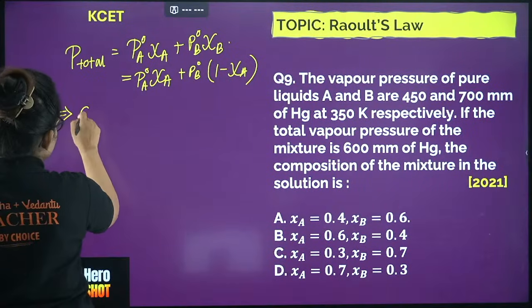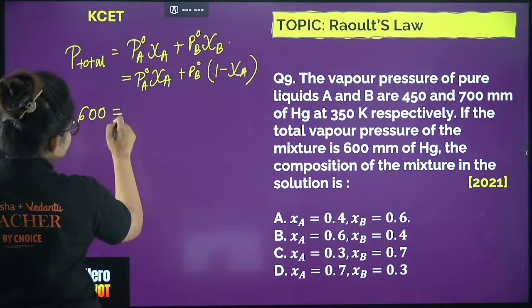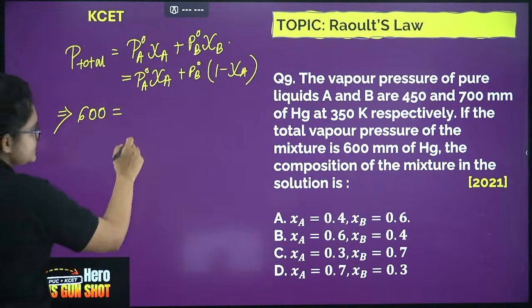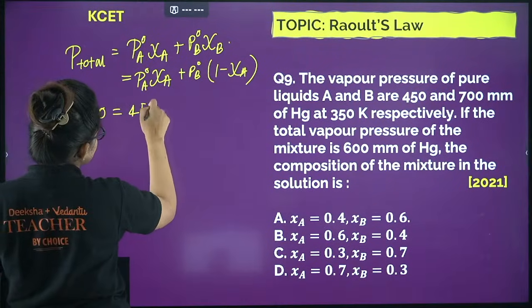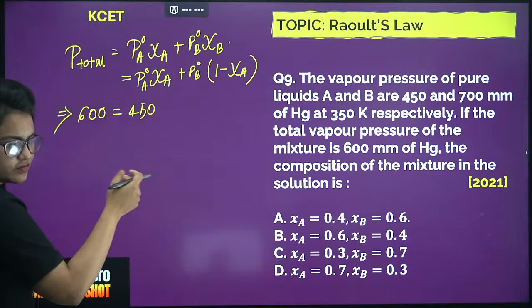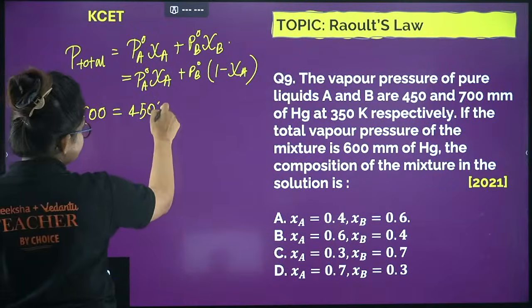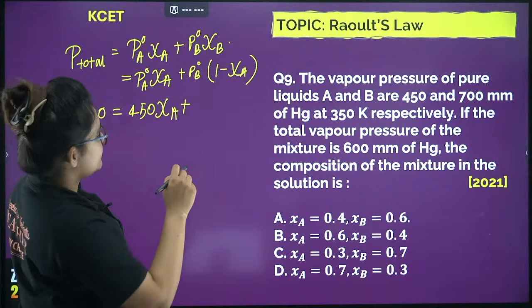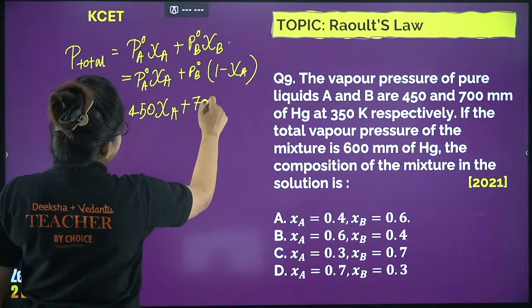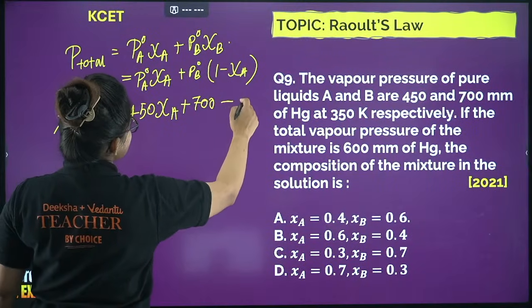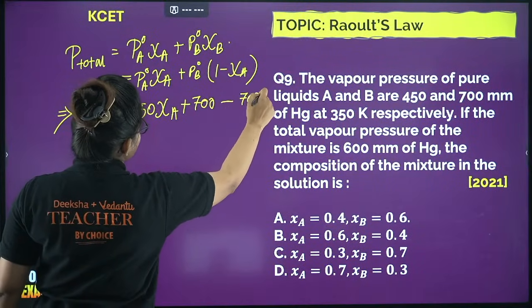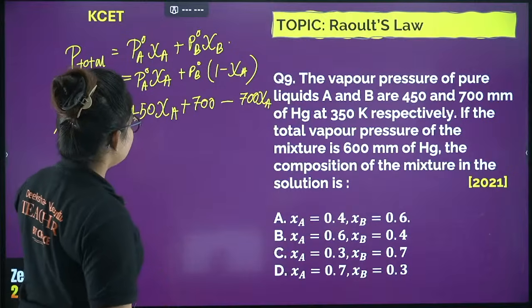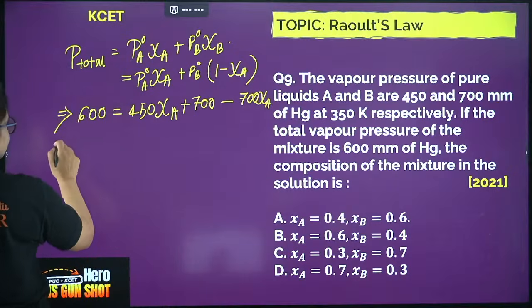So 600 equals P0A, given as 450, times the mole fraction of A which I have to calculate, plus P0B, given as 700, minus 700 XA.